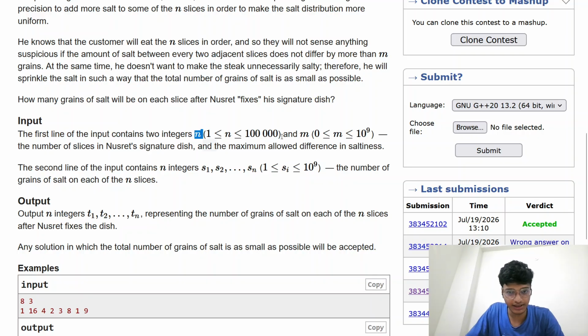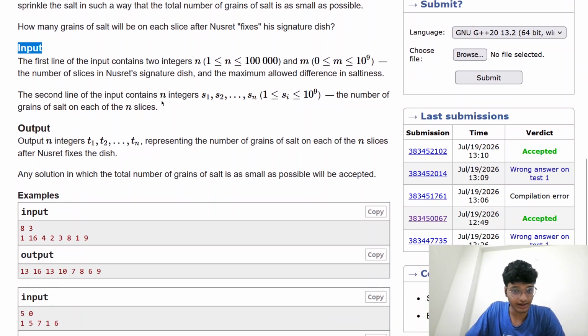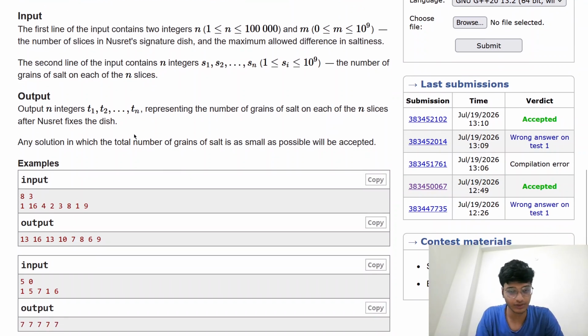We are given n, which is up to 10 to the power 5, and m, up to 10 to the power 9, which I have already told you, and the salt grains already present on the slices. We have to output the array, that is, the salt grains on each of the sticks after this manipulation.